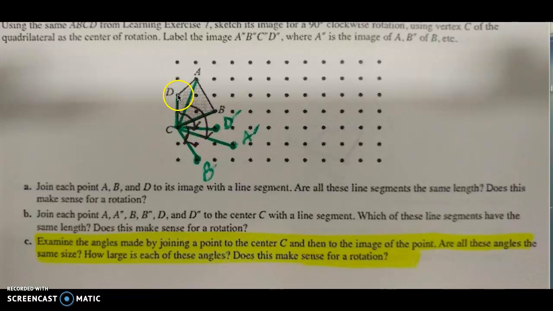Likewise, the triangle made from D, C, and D prime is 90 degrees as well. And likewise, B, C, and B prime, that angle is 90 degrees. And so it does make sense for the rotation, since I did rotate it from A to A prime 90 degrees.